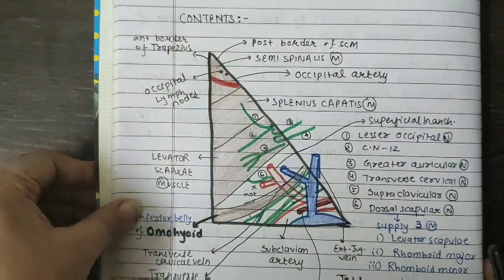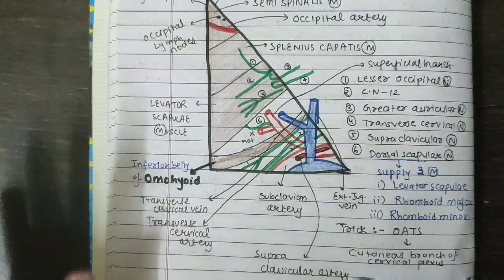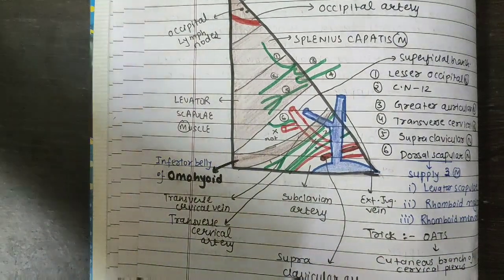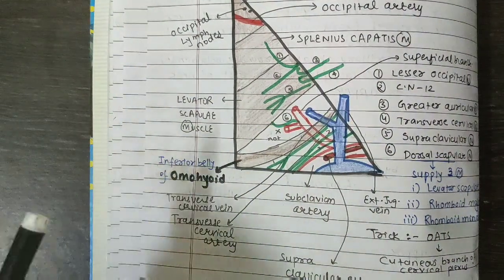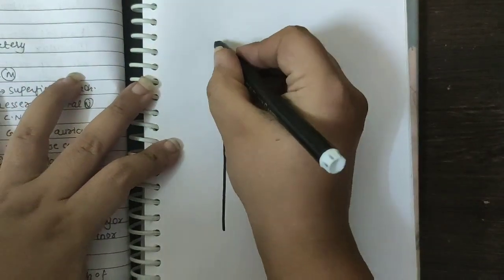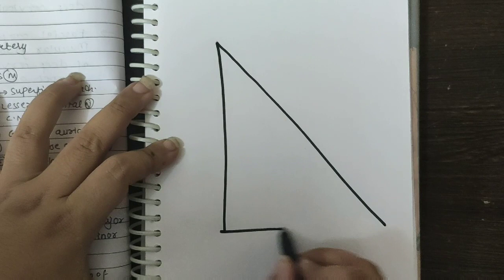Now coming on to the contents. Now this is a very complex diagram. I have to just draw this diagram and show you, otherwise you won't be able to remember. So first of all, form a big triangle.